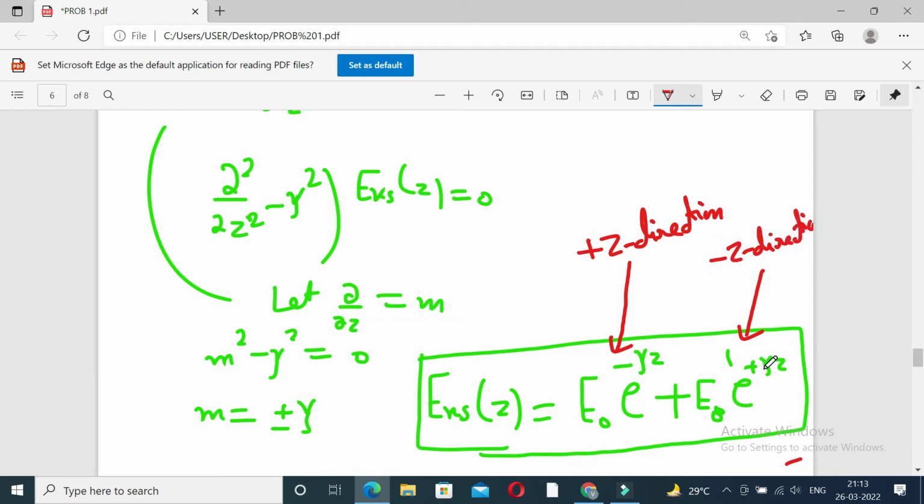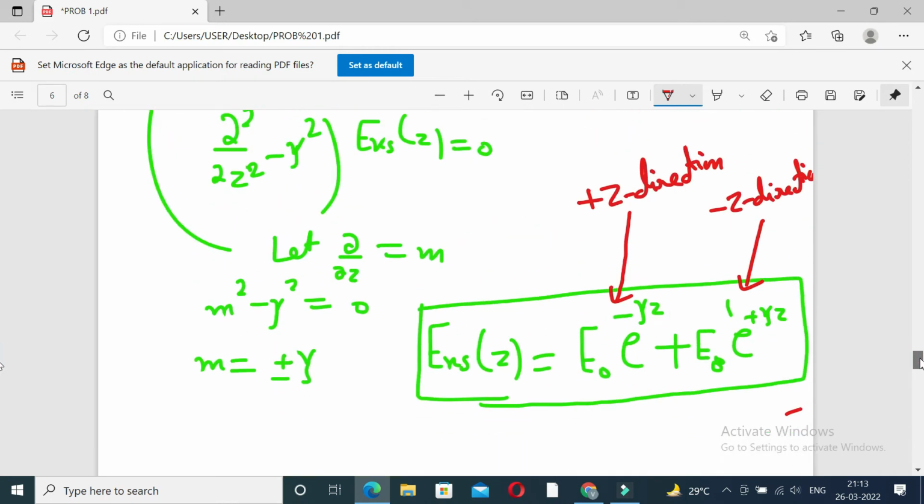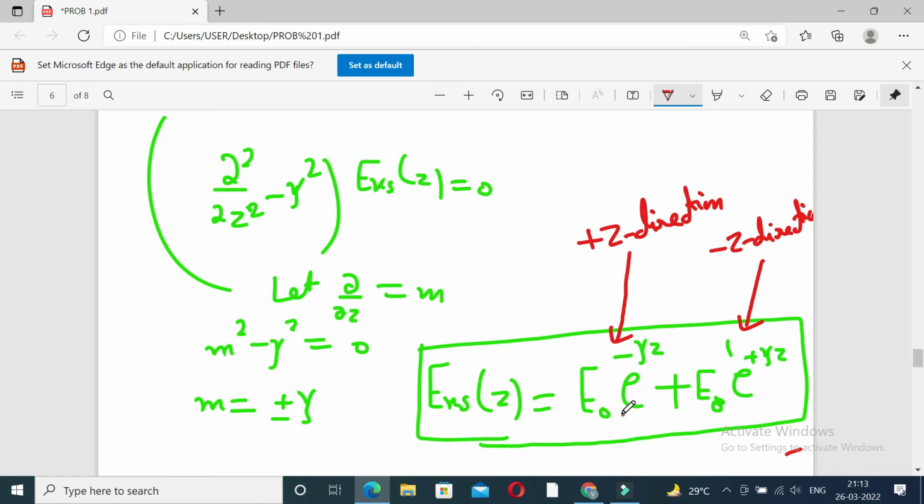Gamma is the propagation constant, because it is finite for positive z values. If it is negative, then e to the power infinity is infinity. So this is finite for positive z values, and the other is finite for negative z values only. That's why the minus sign shows positive z direction and the plus sign shows minus z.